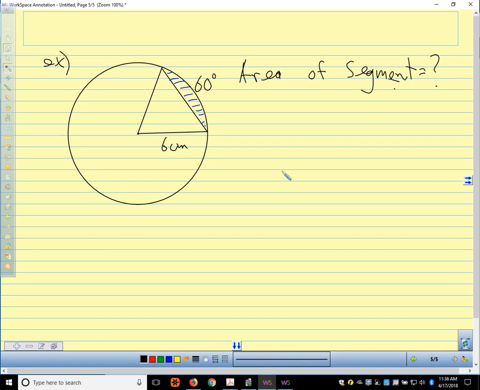Well, we know that the area of the segment is the sector minus the triangle. So we need to find the area of the sector. We need to know what fraction of the circle that sector takes up. The fraction is 60 over 360 times the area of the circle, pi times 6 squared. What's 60 over 360? 1/6, right?